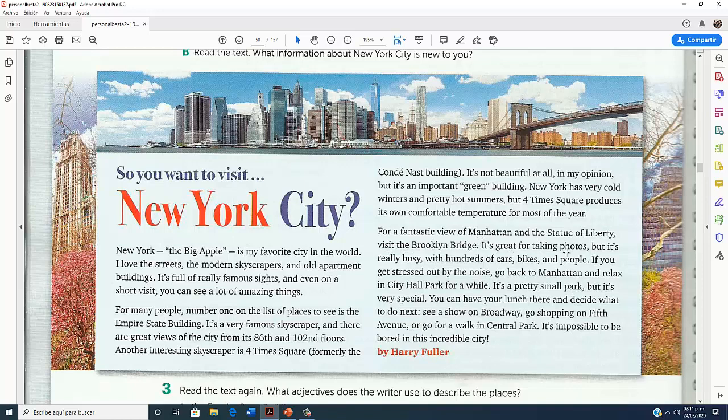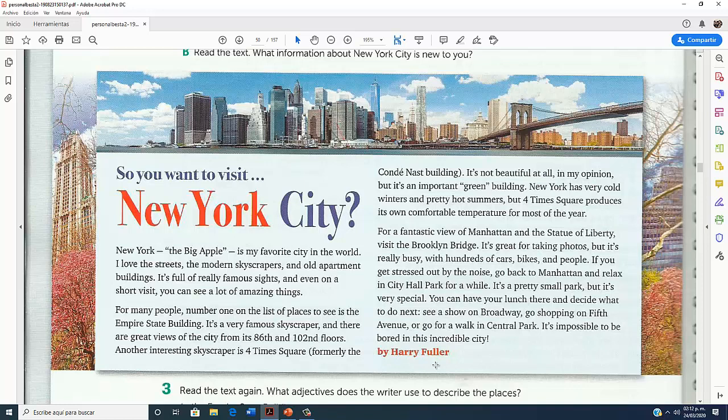It's great for taking photos, and it's really busy with hundreds of cars, bikes, and people. If you get stressed out by the noise, go back to Manhattan and relax in City Hall Park for a while. It's a pretty small park, but it's very special. You can have your lunch there and decide what to do next. See a show on Broadway, go shopping on Fifth Avenue, and go for a walk in Central Park. It's impossible to be bored in this incredible city. By Harry Fuller.